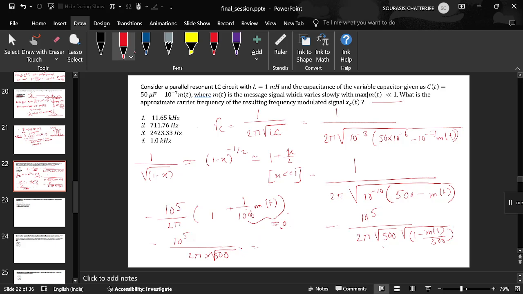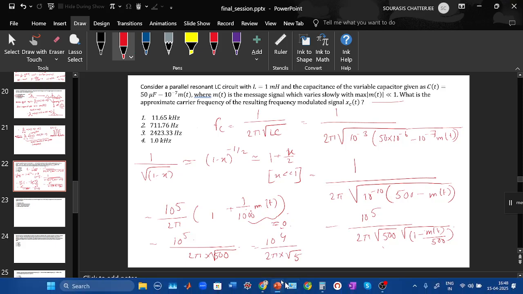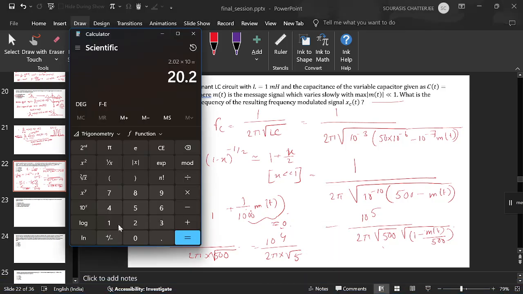So this is going to be 10 to the power 4 divided by 2 pi into square root of 5. So let me just calculate it. 10 to the power 4 divided by square root of 5, divided by 2, divided by pi.